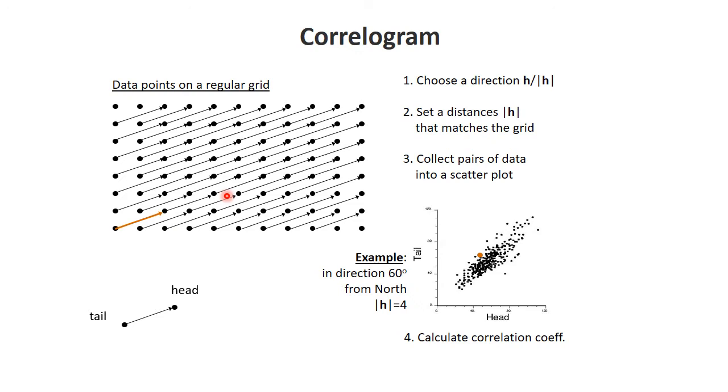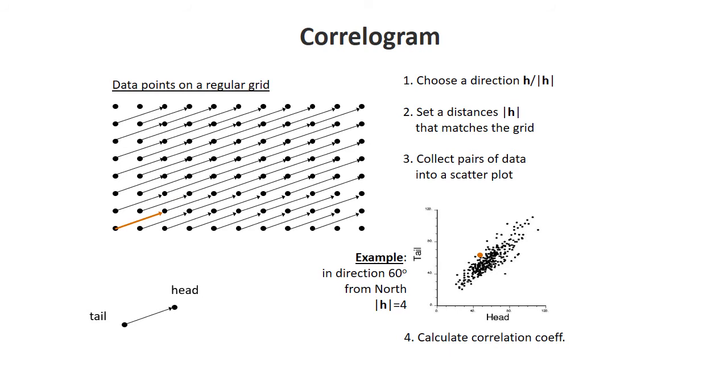What I'll do in the next slide is keep the angle constant and increase the lag distance. So now instead of going from this point to that one, I will go from this point to that point. Then I scan the entire image again and create a scatter plot, and I will continue that operation. So I will calculate correlation coefficients that are a function of lag distance, but for a constant angle.